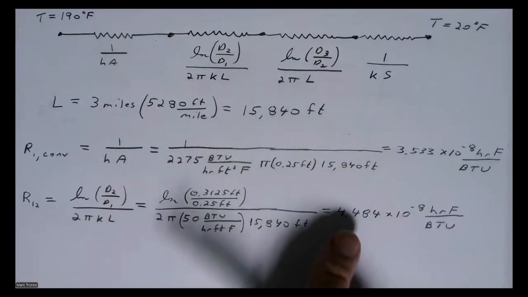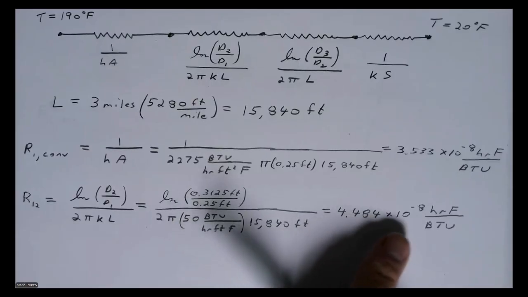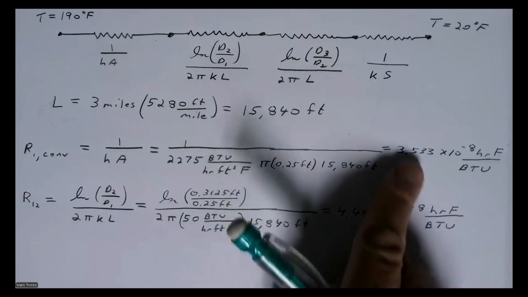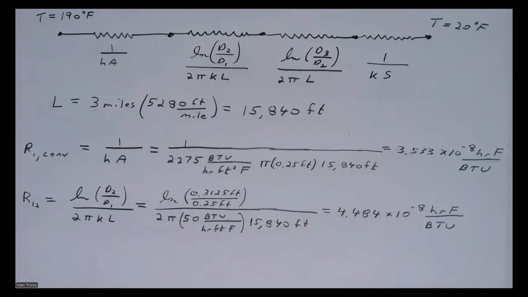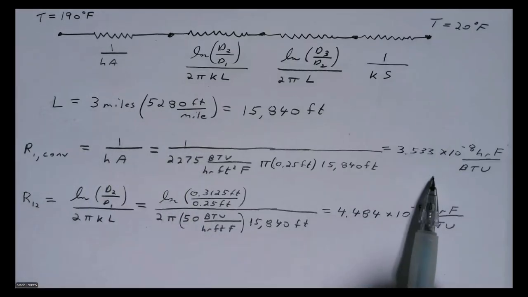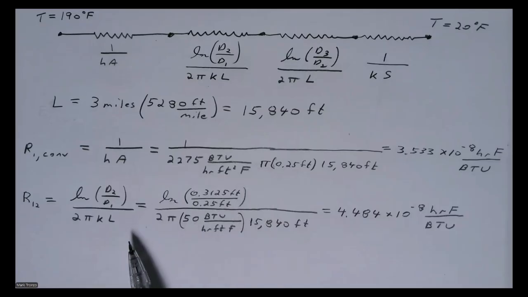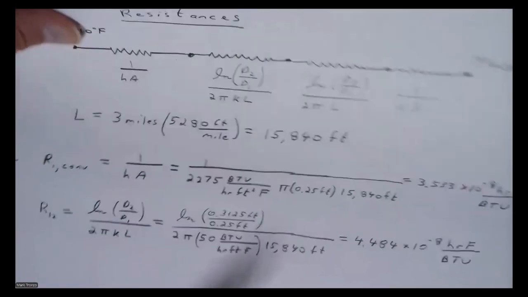For this one, I got 4.48 times 10 to the minus 8. You can see these first two resistances are much smaller, because for convection heat transfer the resistance is going to be pretty low. And because steel is a good conductor of heat, its resistance is going to be pretty low. Now, the next one, the insulation, should be high.